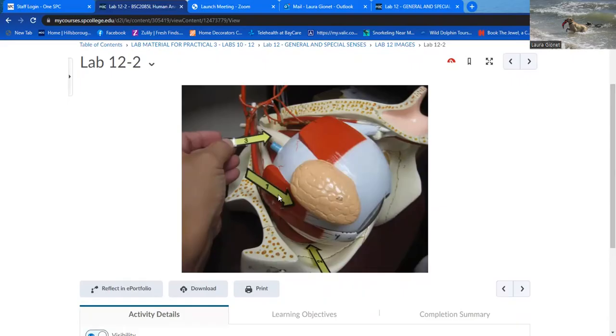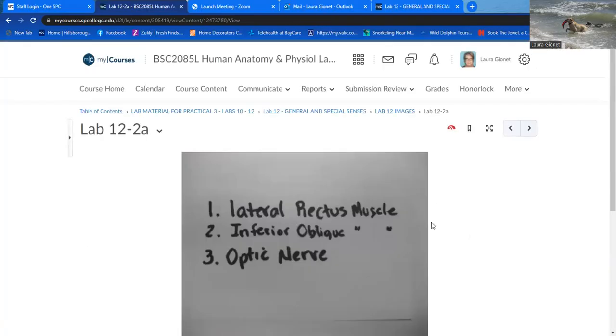What if I pointed to 1 and asked you to identify the nerve supply, the cranial nerve that supplies the innervation? All right, so lateral rectus, inferior oblique, and the optic nerve.